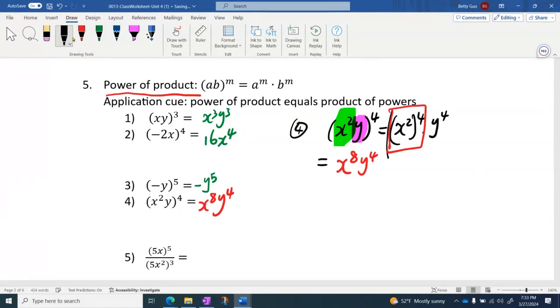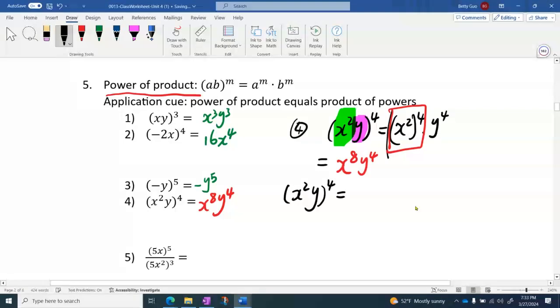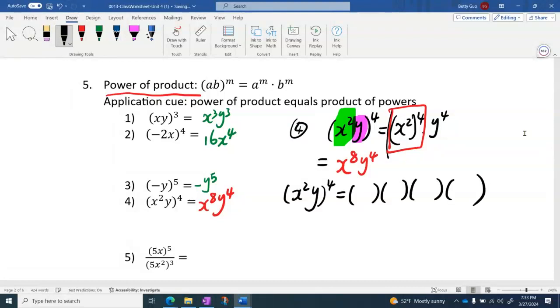In case some students don't remember this or want to use a more intuitive method, this is what you can do. The whole thing is one exponential expression. Whatever is in the parentheses is the base. So we have parentheses times parentheses times parentheses times parentheses, 4 times, because the exponent is 4.